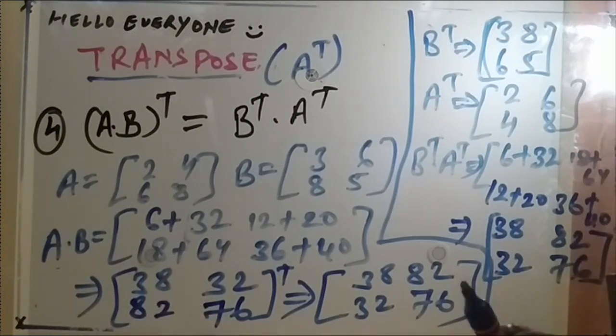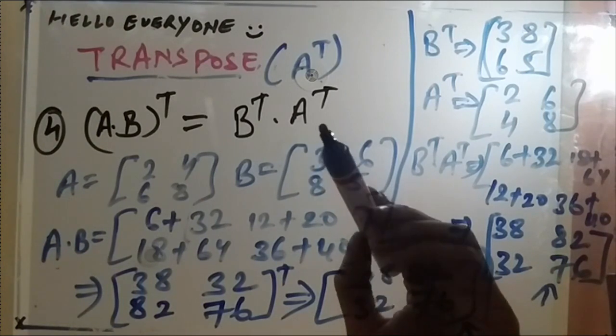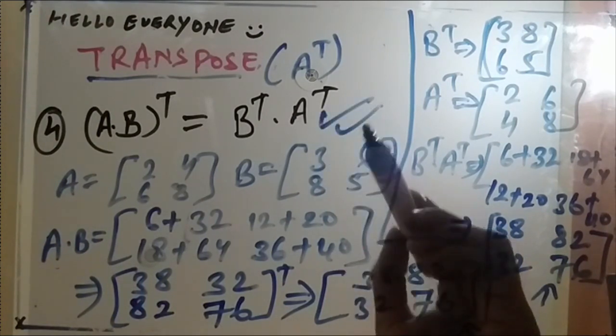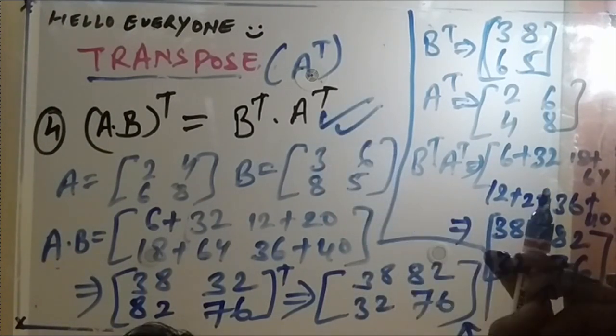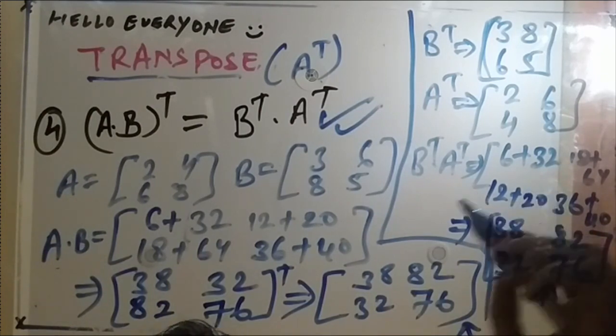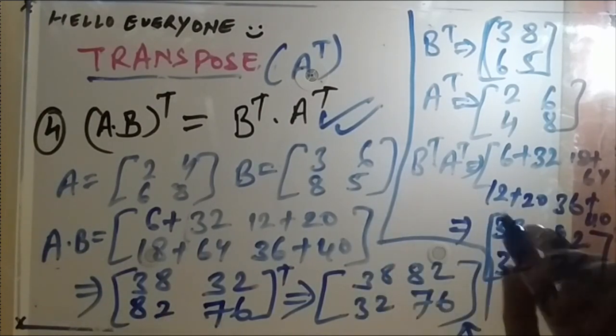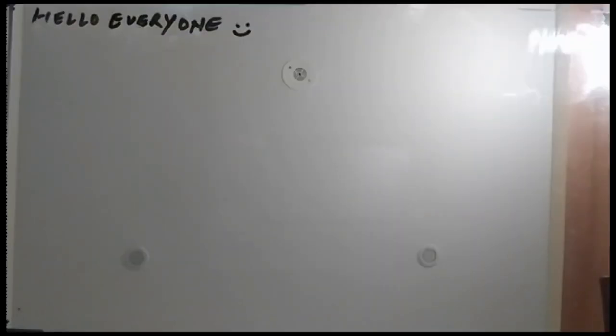You can see here that both LHS and RHS are equal. So this property is verified and workable. Okay, let's move on.